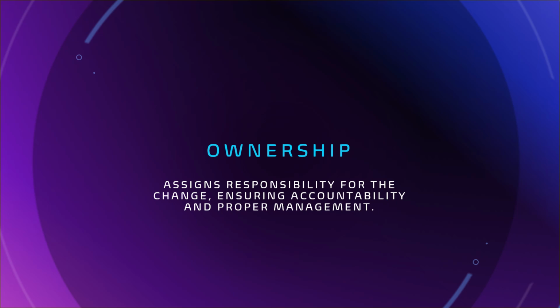The main purpose of ownership is to clarify who is responsible for the security implications of a change, reducing the risk of overlooked vulnerabilities. Sometimes there are changes in which the responsibility may be the IT team or the security team.